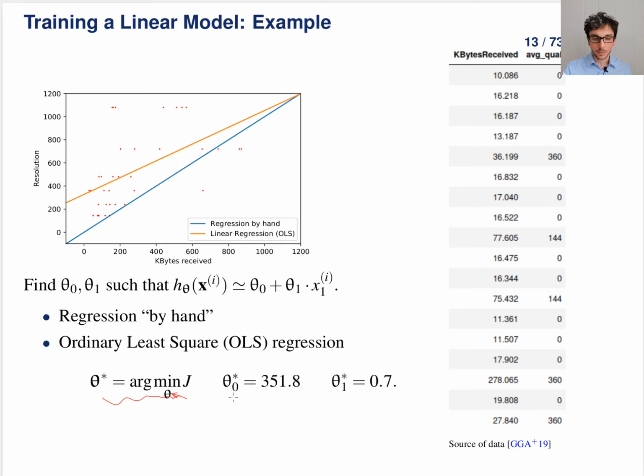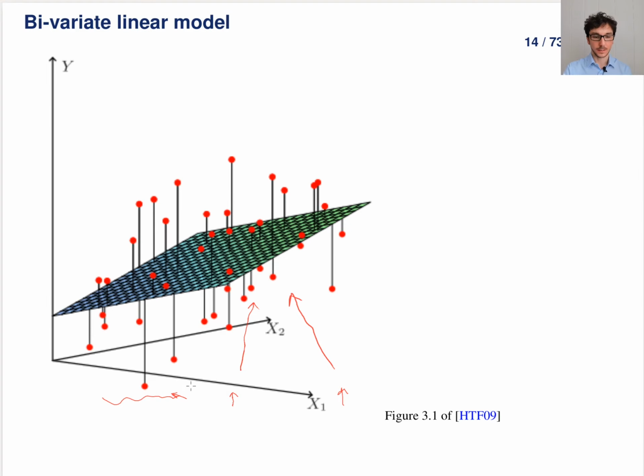So when I run this on the dataset that I showed in Python, I obtain these two values of the parameters. So if I replace them here in the equation, I obtain a model which I know for sure minimizes the loss function in the training dataset.